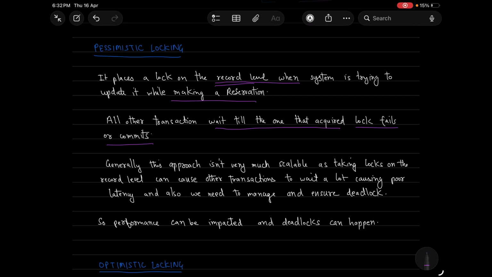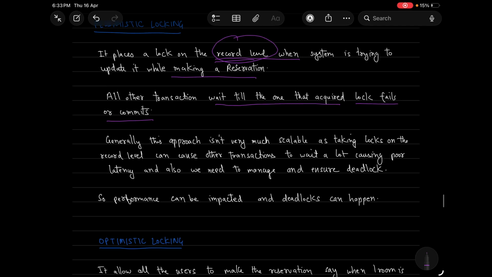So all the users read the same one-room-available data, in a highly concurrent environment for a very famous festive date for that specific hotel ID and specific room type. They all triggered the reservation, which triggered isolated transactions. But with pessimistic locking, having a lock at the record level, all other transactions will wait till the one that acquired the lock fails or commits.